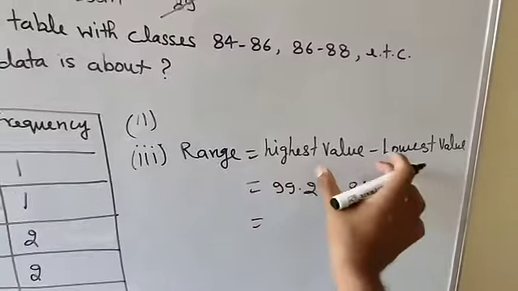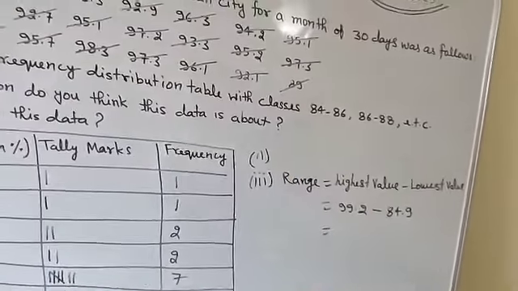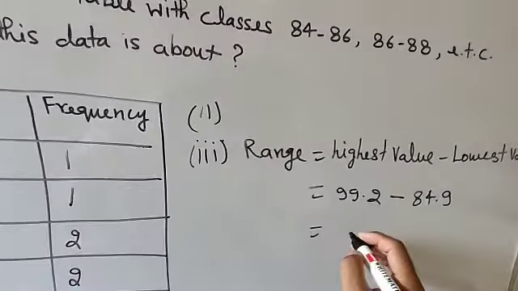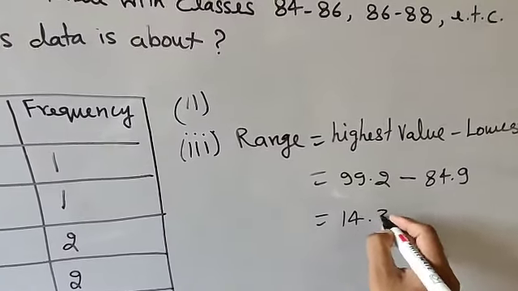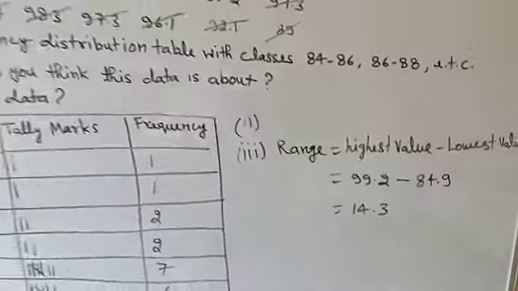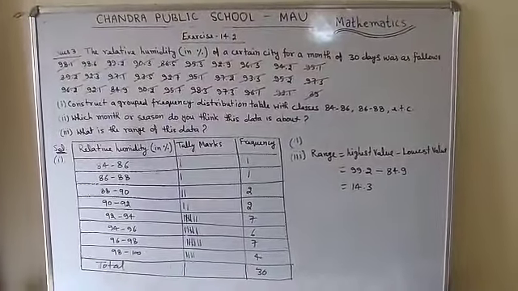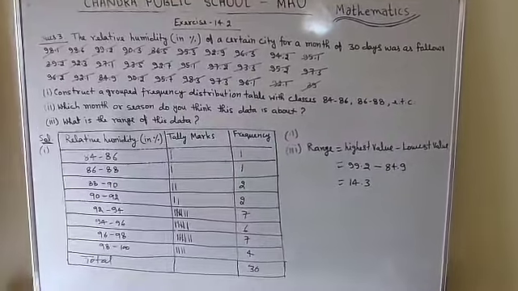So the difference of the highest and lowest value in the given data, that is called the range. If you subtract, you will get 14.3. So subtract and that will be the range. So students, it is the complete solution of question number 3.